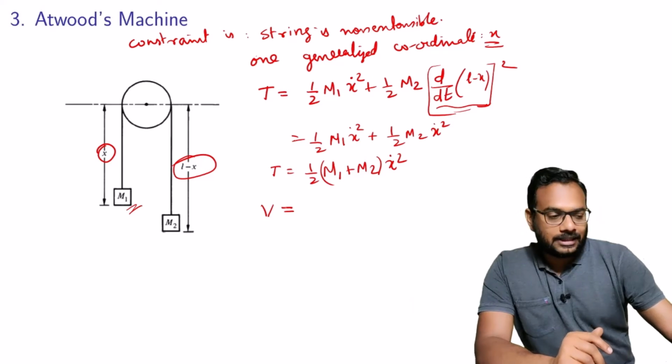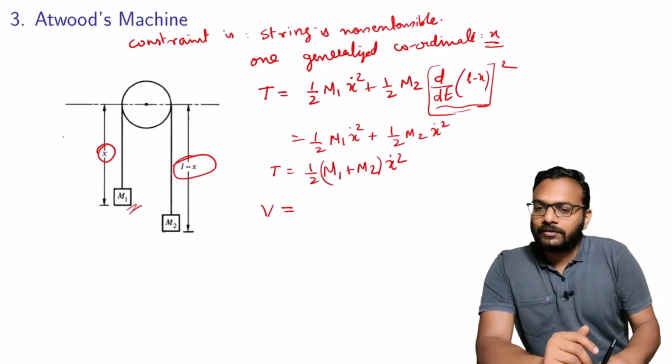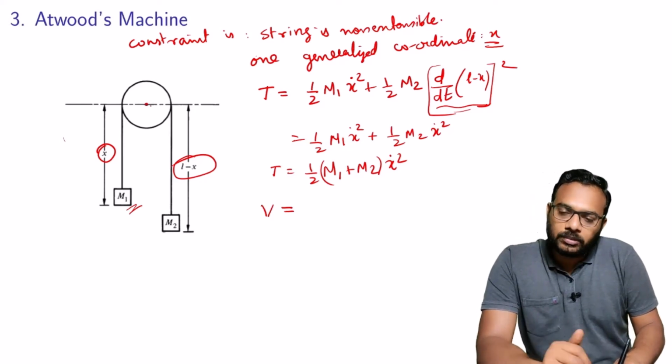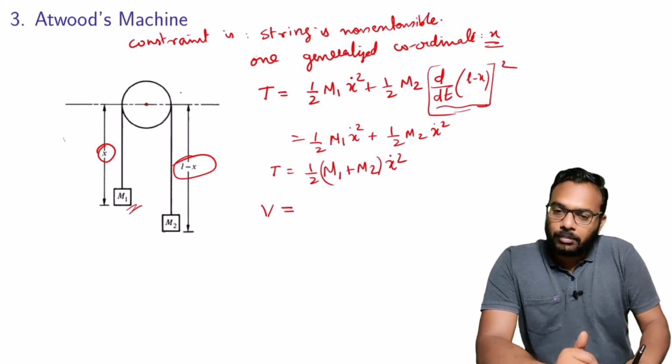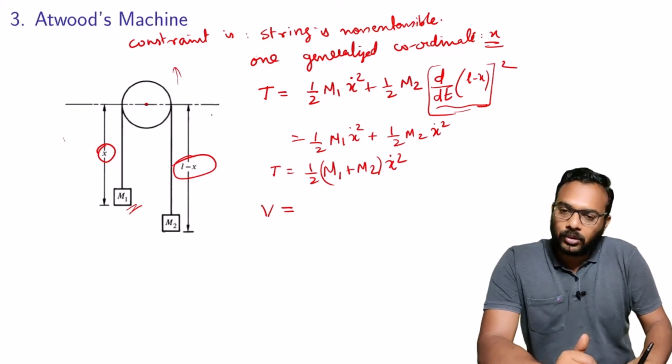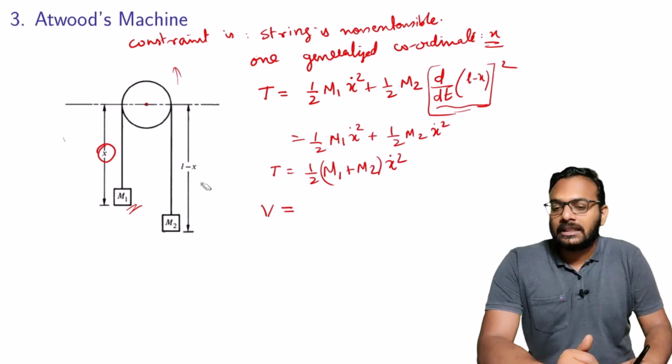In this case, a convenient choice is to take this line as the zero of the potential energy. Above this line the potential energy will be positive, and below it will be negative.